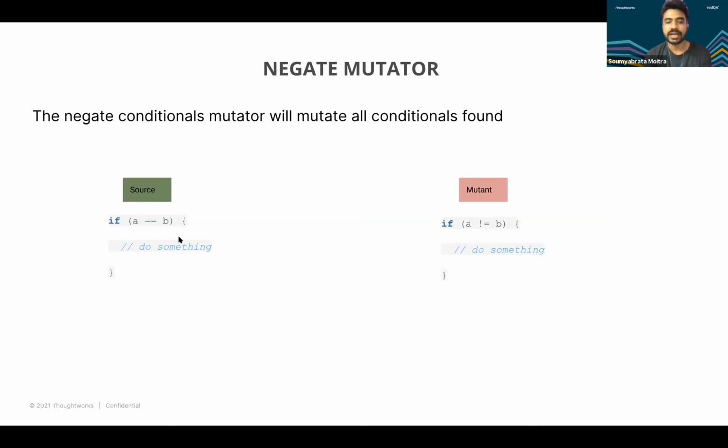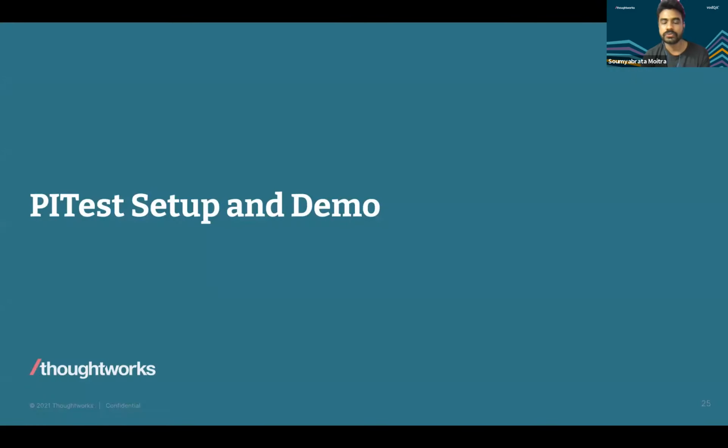So these are the kinds of mutators that PIT has, and you can go through the documentation of PIT itself to understand the different variations that are there for each mutator. Now we will be moving forward with the PITest tool setup and demo.